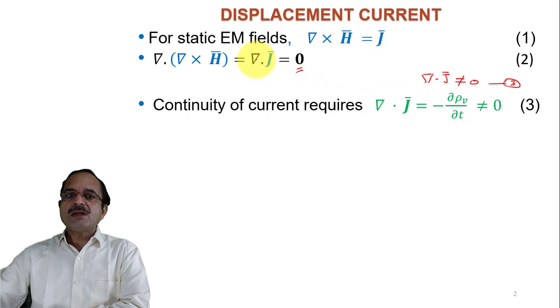Now equation number 2 and equation number 3 are inconsistent. Equation number 2 says that divergence of current density is equal to 0. Equation number 3 says divergence of current density is not equal to 0 as per the continuity equation.